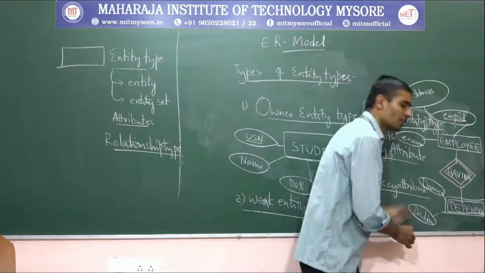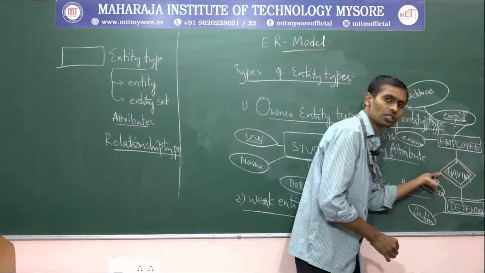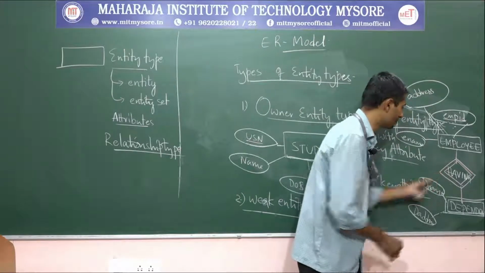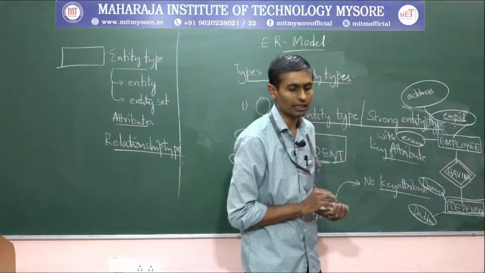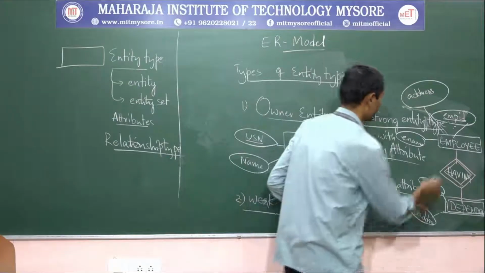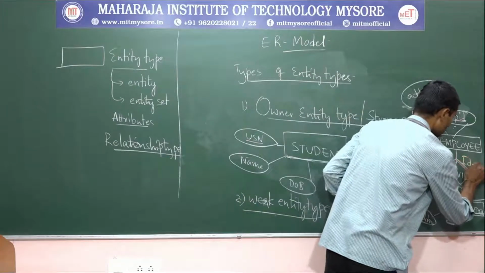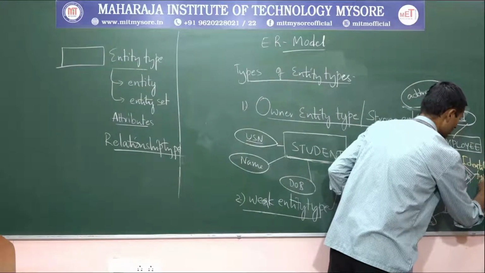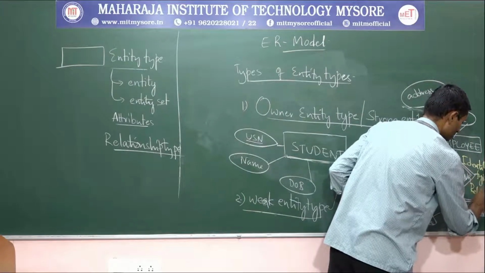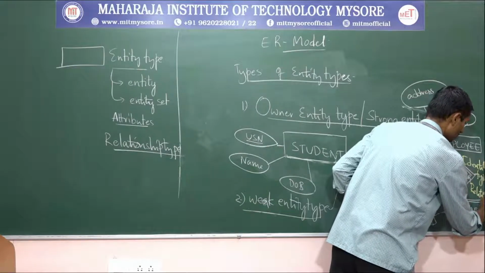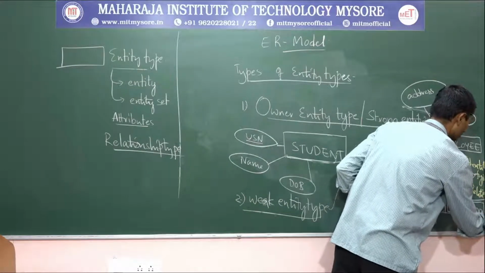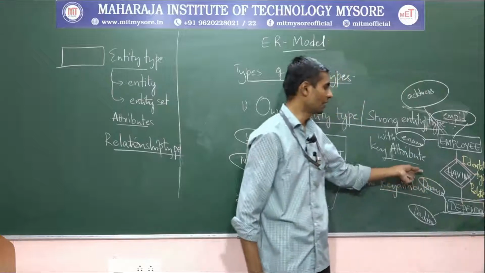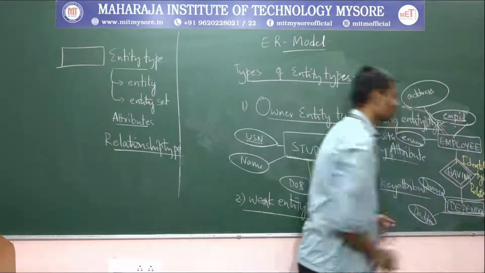This relationship type we call by name an identifying relationship type.